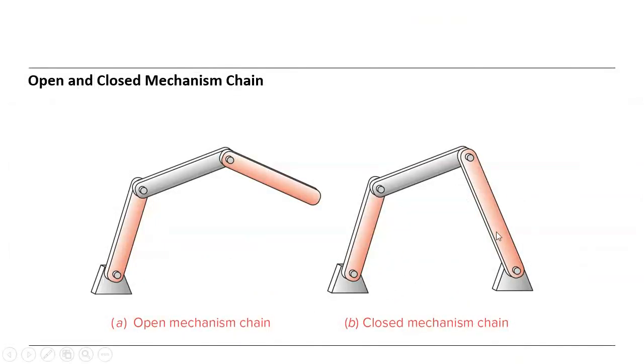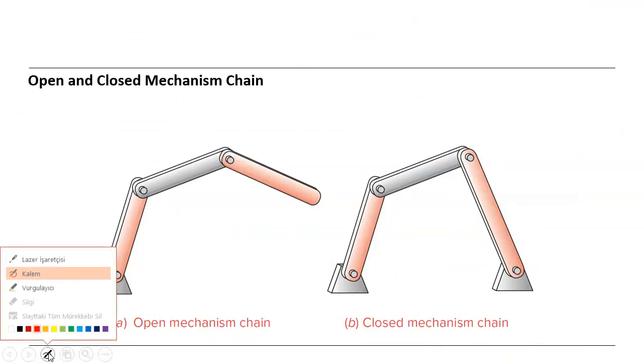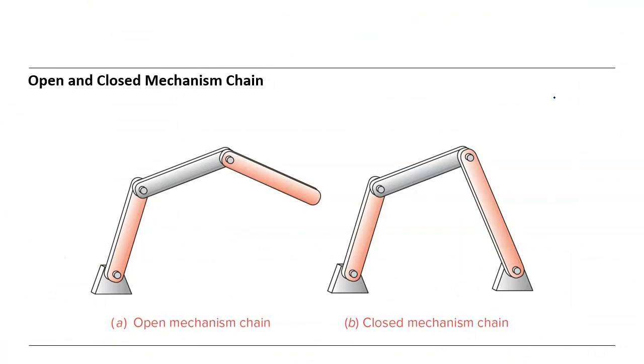So fix means, let's come to that. Fix means we have, let's say, the 4-bar mechanism. The 4-bar mechanism consists of 4 bars like this, and let's say this is member 1, member 2, member 3, and member 4.